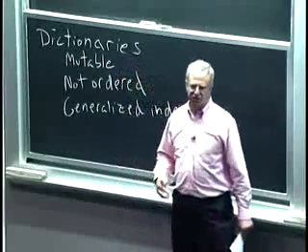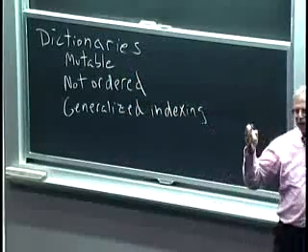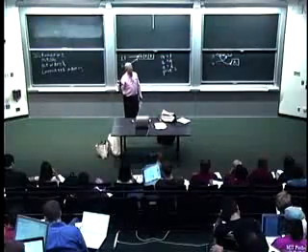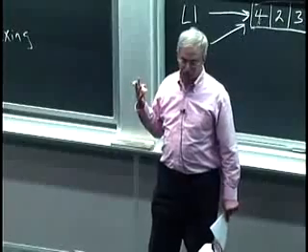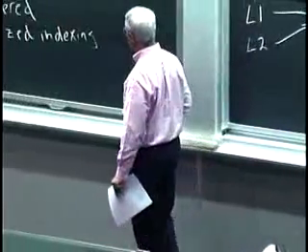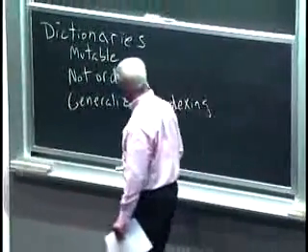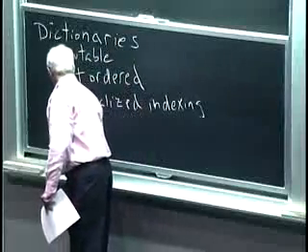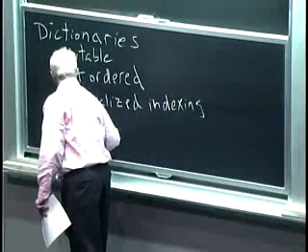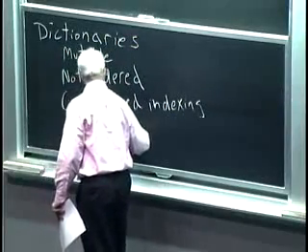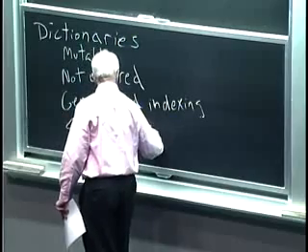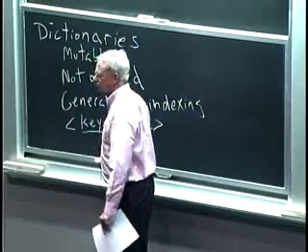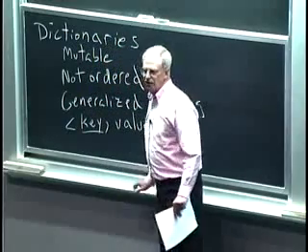So with lists and strings, we can only get at elements by numbers, by integers, really. Here, we think of every element of the dictionary as a key value pair, where the keys are used as the indices.